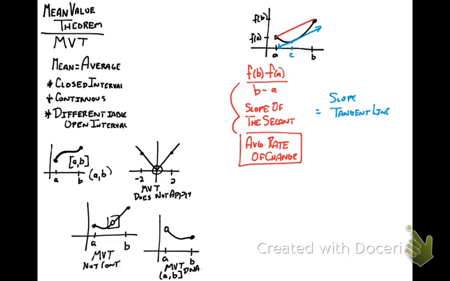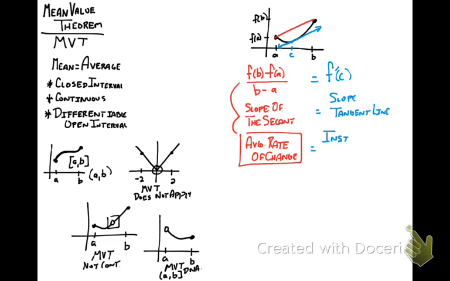And so the slope of our tangent line is equal to the derivative of our function at the point C. The mean value theorem relates the slope of that secant line to the slope of the tangent line, or more specifically, the average rate of change to the instantaneous rate of change.